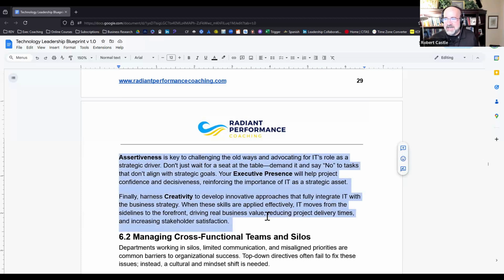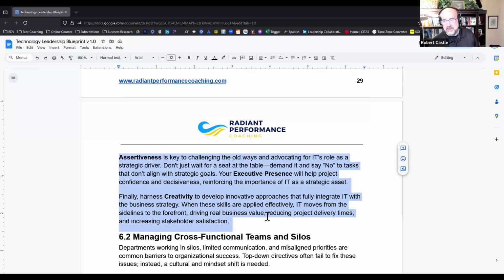Assertiveness is key to challenging the old ways and advocating for IT's role as a strategic driver. Don't just wait for a seat at the table, demand it and say no to tasks that don't align with strategic goals. Your executive presence will help project confidence and decisiveness, reinforcing the importance of IT as a strategic asset.